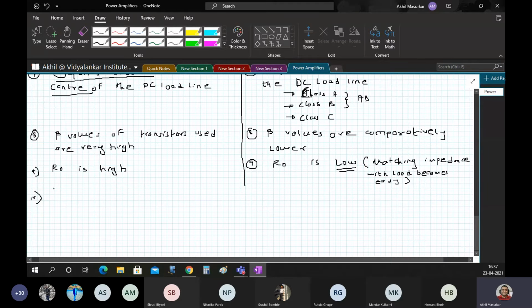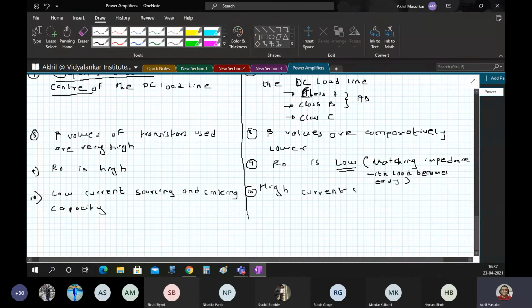Here we have low current sourcing and sinking capacity, and here you have high current sourcing and sinking capacity.